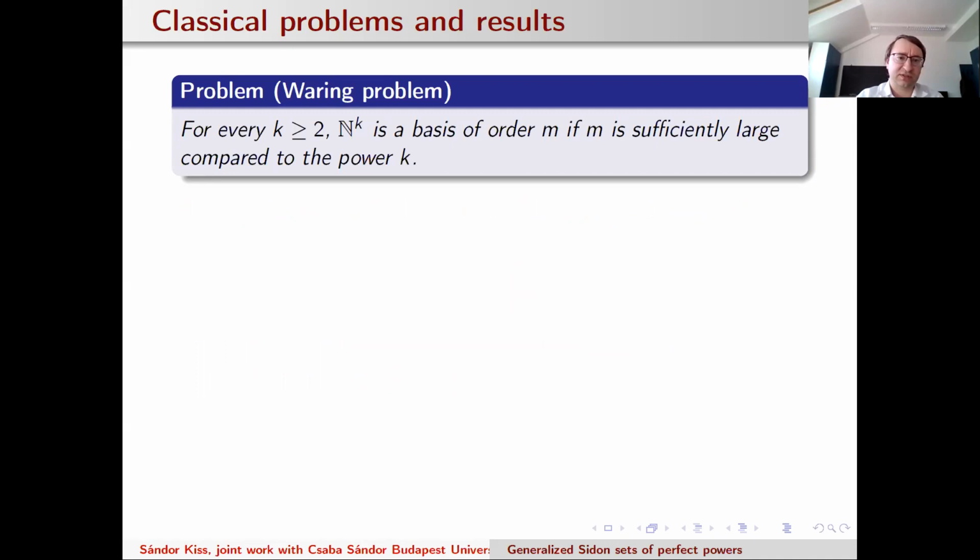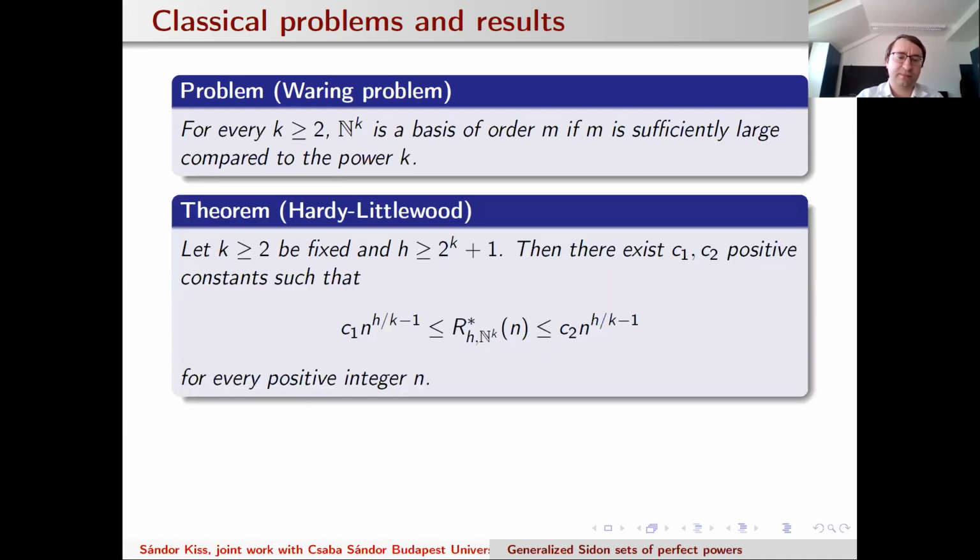There are several results about the Waring problem, but the most interesting is a theorem of Hardy and Littlewood. They gave an asymptotic estimation for the representation function, the number of representations of a positive integer n as the sum of h k-th powers. As you can see, the main term in their asymptotic estimation is n to the power of h over k minus 1, where h is large enough compared to k.